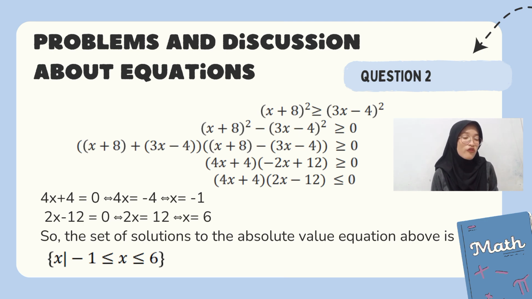Because the variable is negative, we multiply both sides by minus 1.